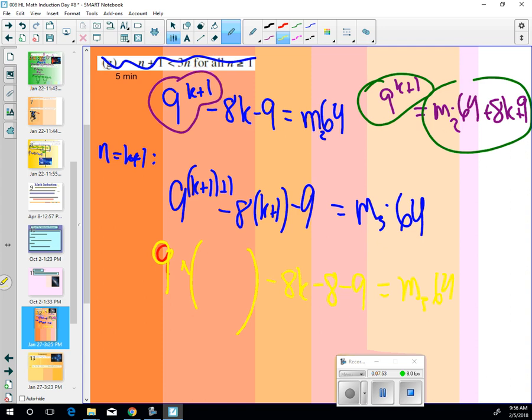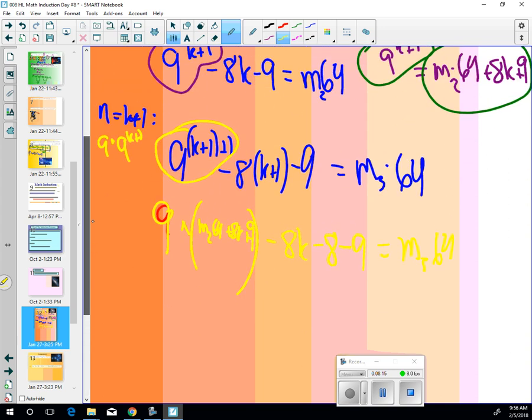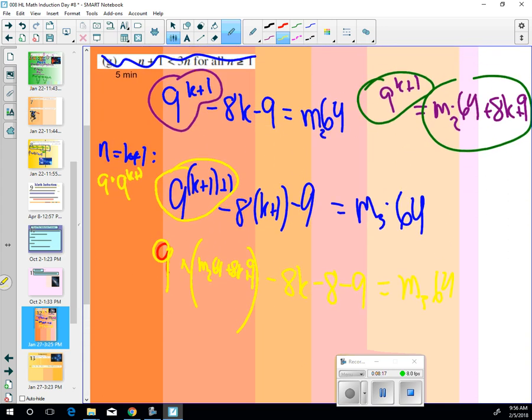There you go. M2 times 64 plus 8k plus 9. So this here is the same as 9 times 9 to the k plus 1. My colors here aren't working in my favor. So do you see how I switched that out?